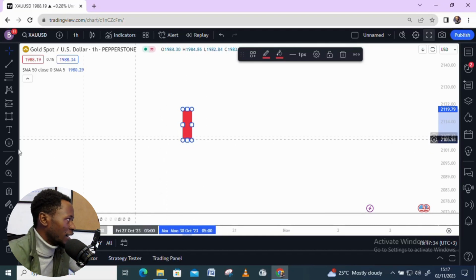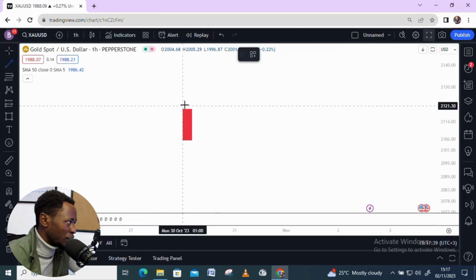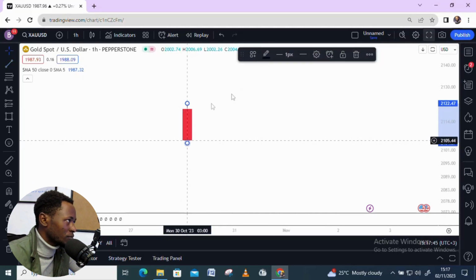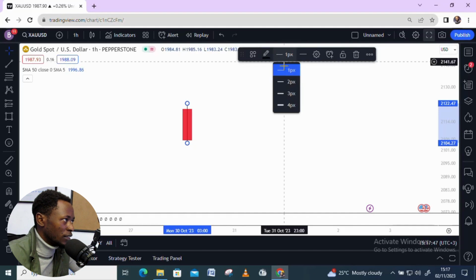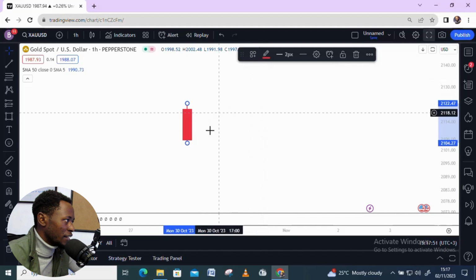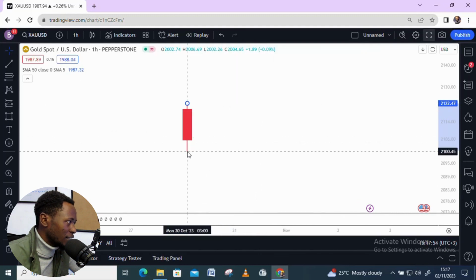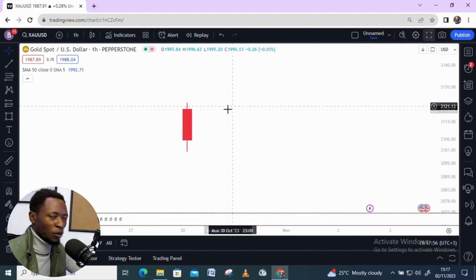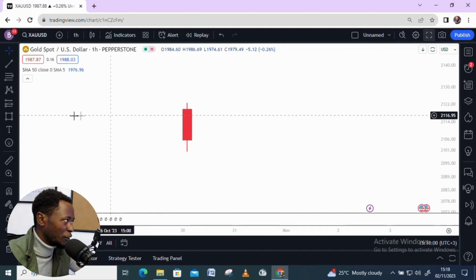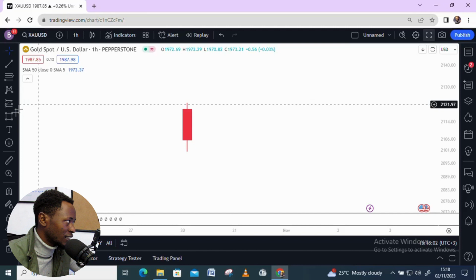First we have the body, and secondly we have the wicks. This is a candlestick. For the body, this is the body of the candlestick.